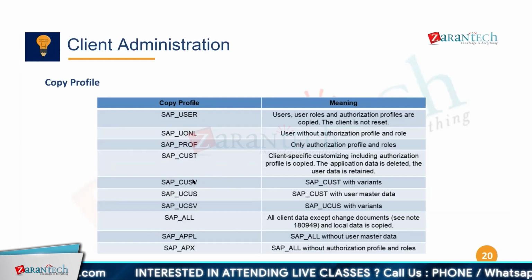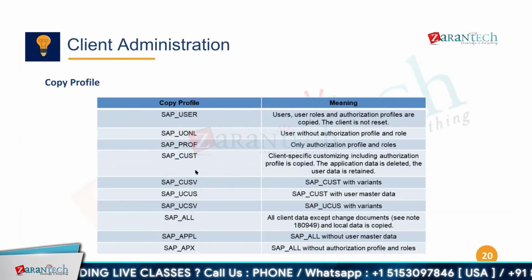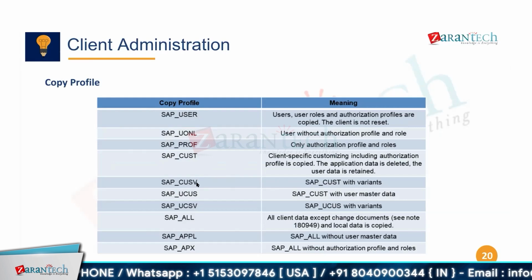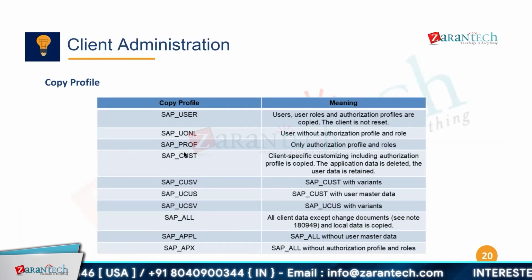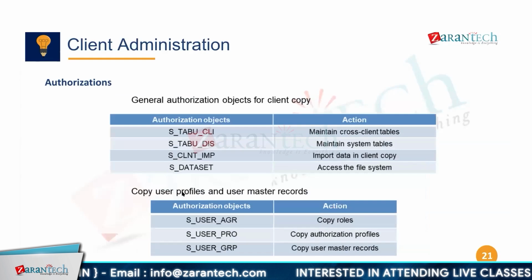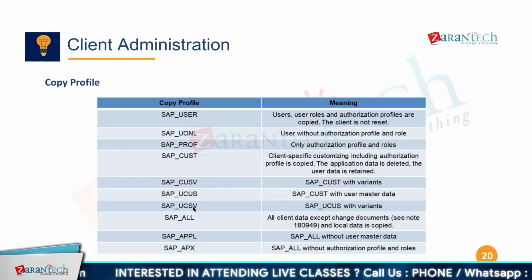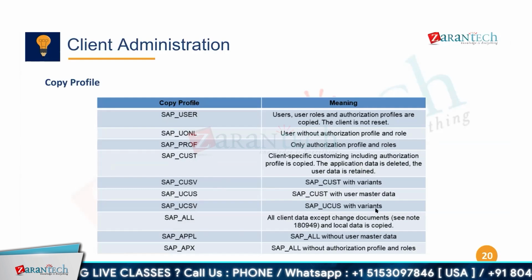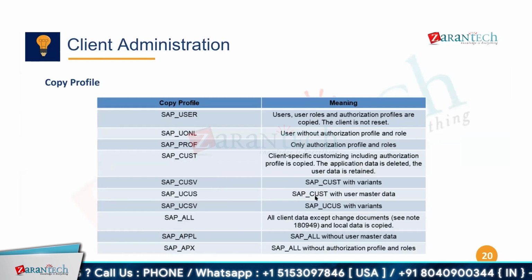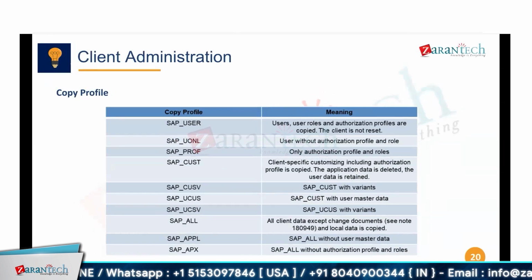For certification purposes, whenever there is a V, with variants, it is exactly the same as SAP_CUST, but it copies along with the variants. Then you have SAP_UCSV, same as SAP_UCUS along with variants. Okay, any questions, guys, before we move to the next slide?